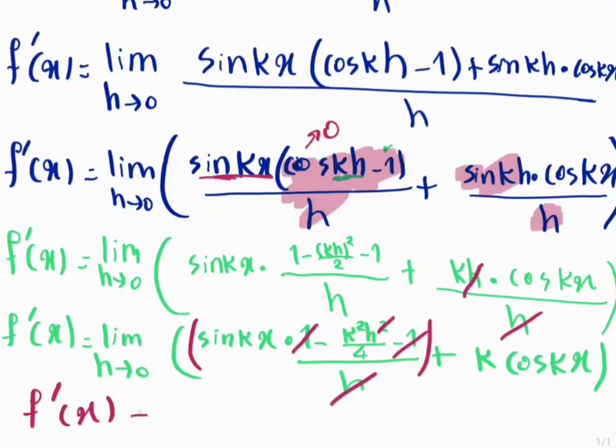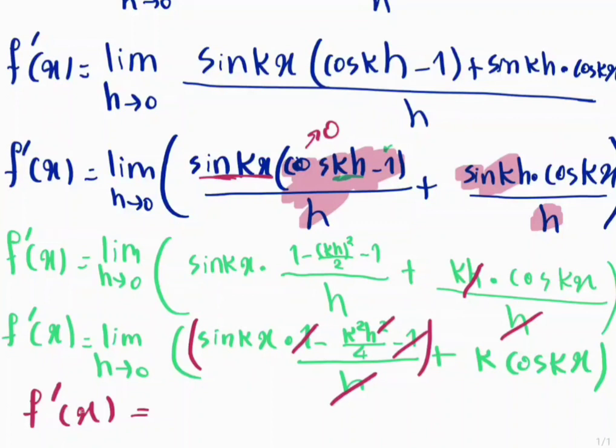So f dash x is equal to the limit of, since now we have applied the limit, now we don't need to write down the limit again, because we've already considered what happens to the whole thing as h tends to 0.